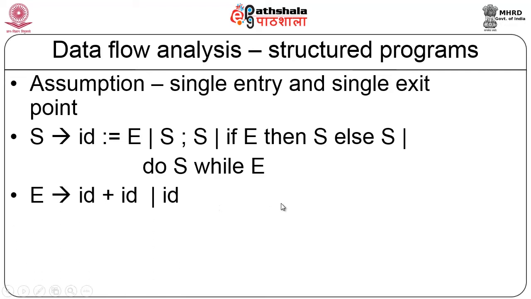In all these statements, how am I going to perform data flow analysis is what we are trying to look at in this module, where expression can typically be ID plus ID or an ID. I am ignoring the expression here, assuming it takes this ID only, which could be evaluated for some value already, and you have the value of true or false available here. So, we are not looking at this expression per se here.